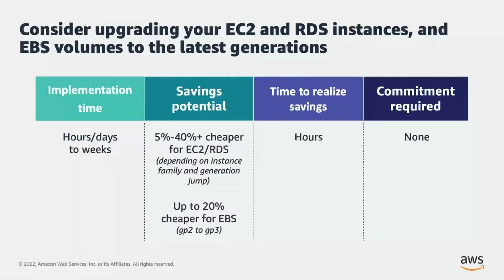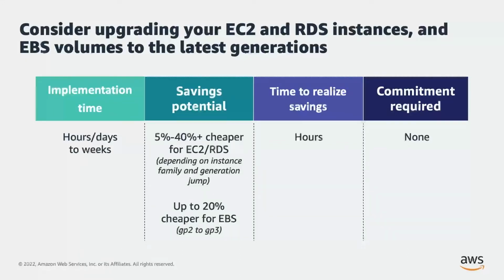The implementation can take hours or days for workloads that are already in the ideal state, or it can take weeks depending, again, on the environment complexity. Then, it depends on both the instance family, for example, in the case of EC2, you have the general purpose instance families like M or T, which is different from the compute optimized instance families like C. So depending on this instance family, and also on the generation jump, right?